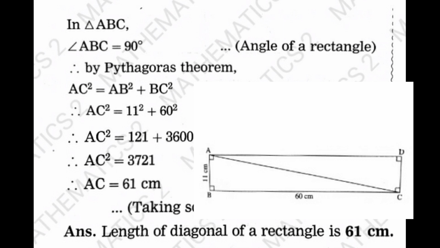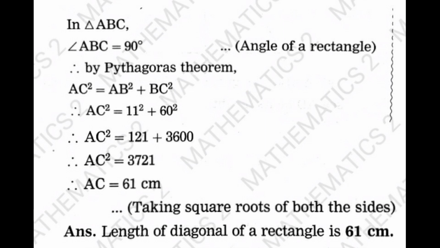So AC square is equal to 121 plus 3600. So AC square is equal to 3721. Taking square root on both sides, I will get AC is equal to 61 cm. And therefore, the length of the diagonal of the rectangle is 61 cm.